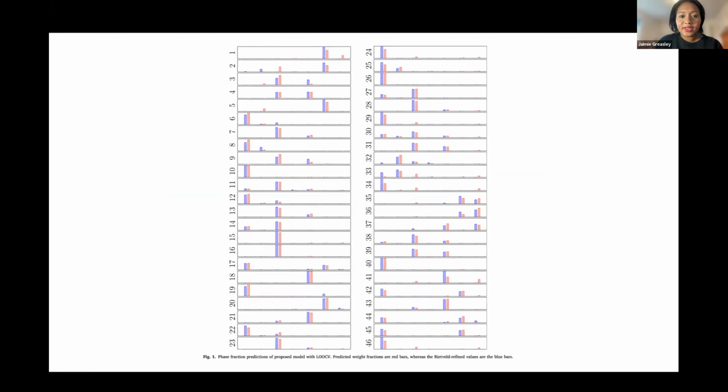This is an example of the predicted phase weights, which are the reds, and what the actual phase weights were. You can imagine that if there are 7 possible phases, each set of bars represents the estimated phase fraction for each of the 7 phases.